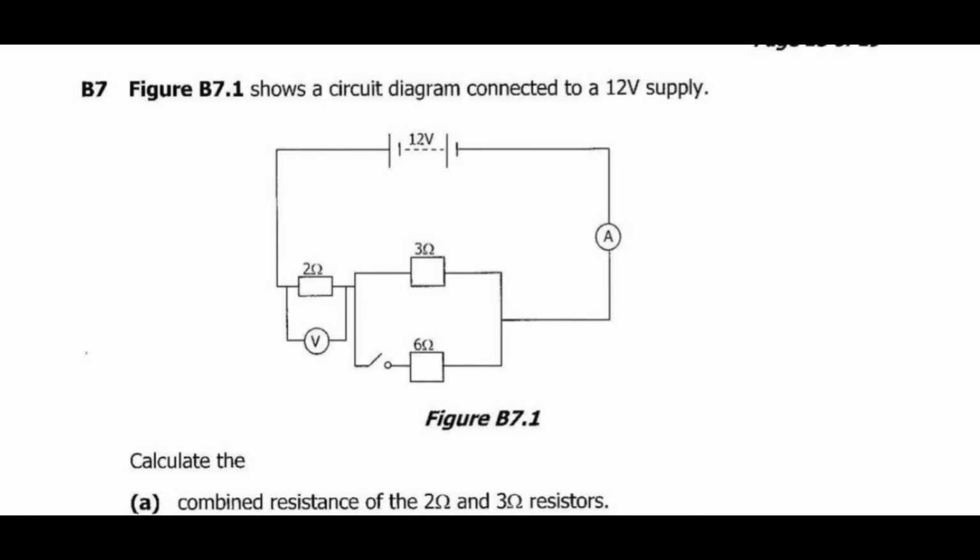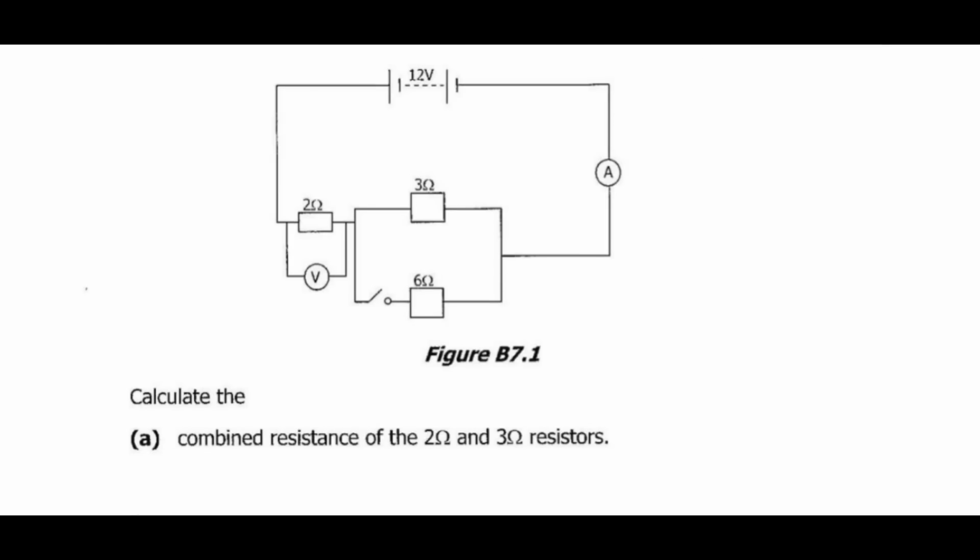Figure B7.1 shows the circuit diagram connected to a 12 volts supply. Then calculate the combined resistance of the 2 ohm and 3 ohm. We'll consider this one as resistor 1, here as resistor 2.